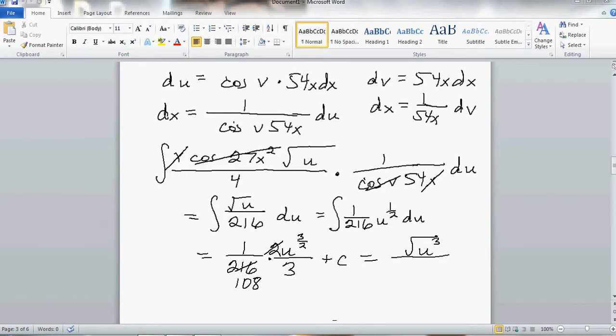Okay, 108 times 3 is 324 plus c. And then the final resubstitution in, we know that u is equal to the sine of 27x squared. So this becomes the square root of sine cubed of 27x squared all over 324 plus c.